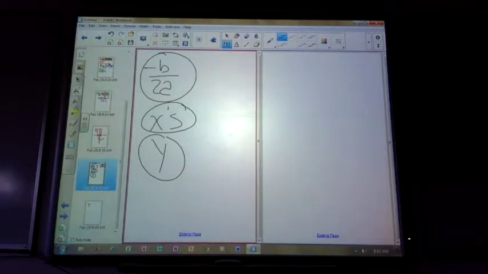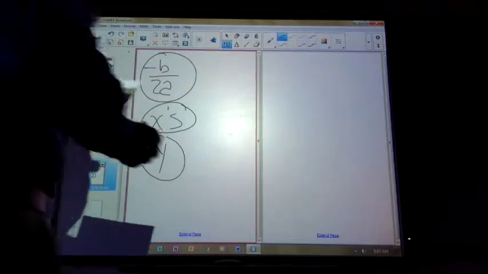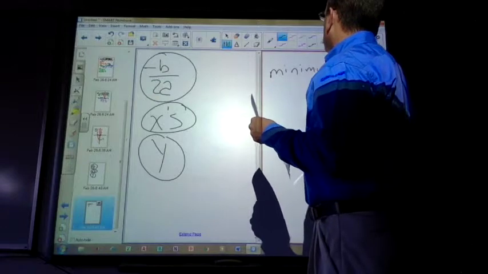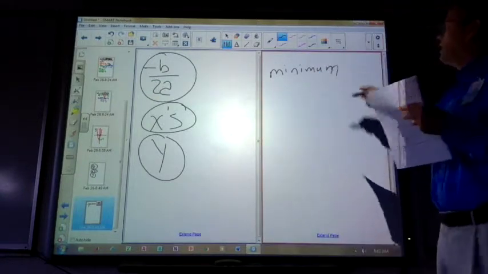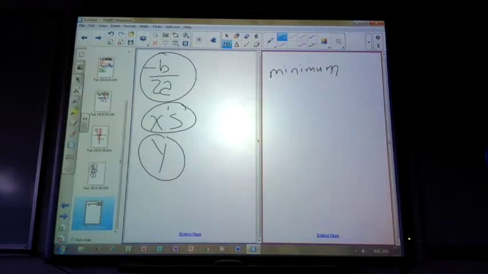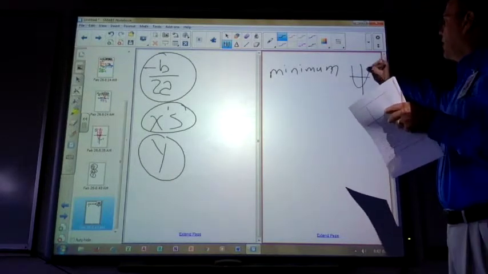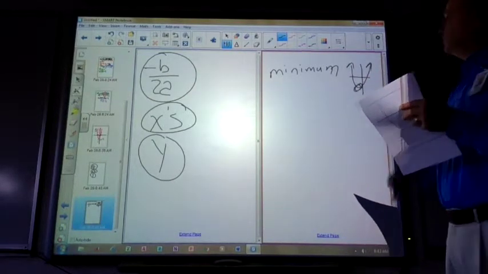The vertex is the blank if the parabola opens up. Bottom, or lowest point. Minimum. I like minimum. So think about it. If the parabola opens up, this right here is the vertex. It's the lowest point.